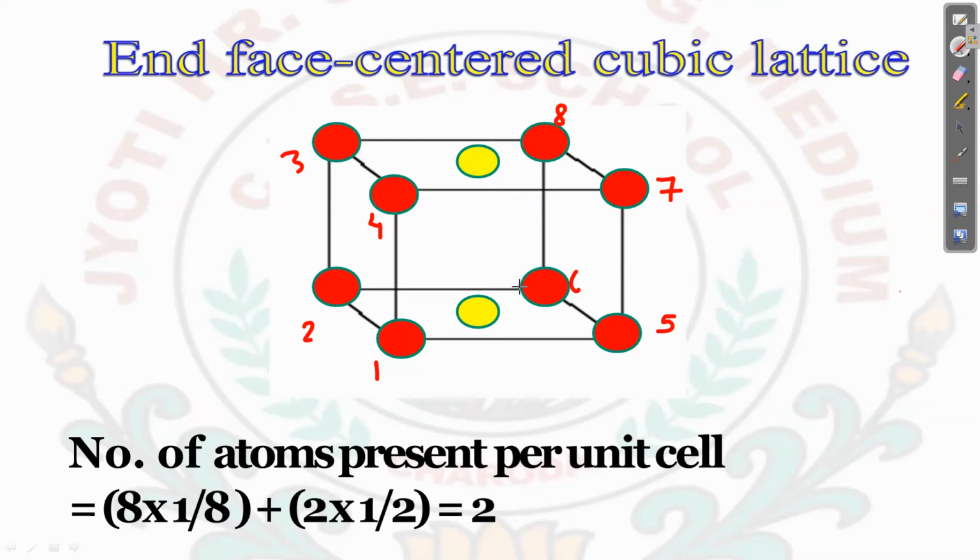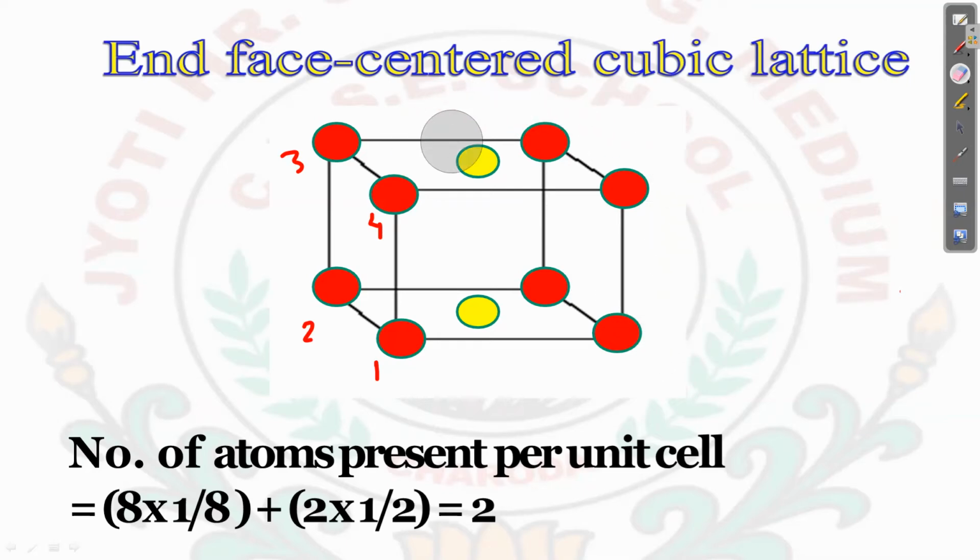Like this, 8 corner atoms are there, and two face atoms will be present at the end faces. It means they will be parallel to each other. Not like this, that one is situated here and one is here. No, they will be situated on the parallel faces. Therefore, they are called end-centered unit cells.